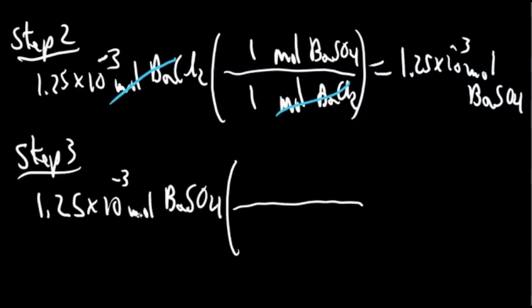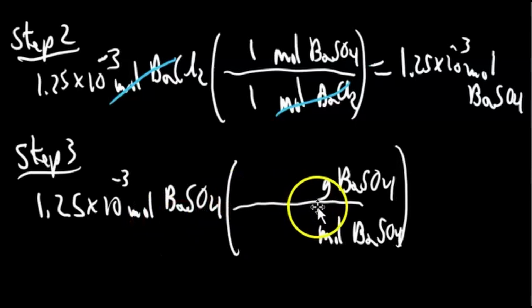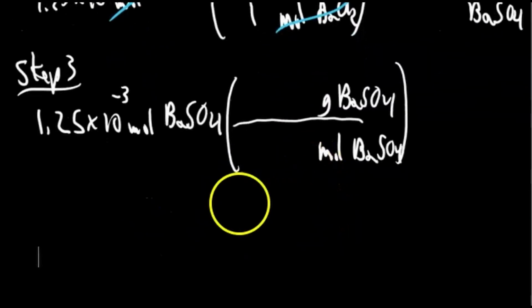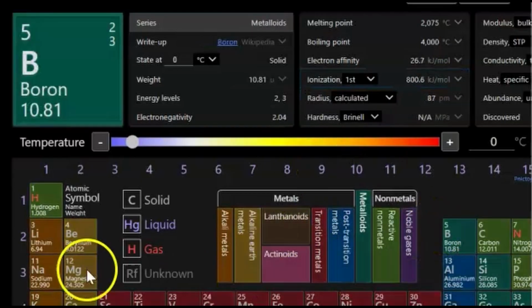So we want grams of BaSO4. We have moles right now, so moles have to go in the denominator so that they cancel out. Oh, not BaBO4, BaSO4. Okay, so we just need to know how many grams per mole are in BaSO4. Go to our periodic table first.